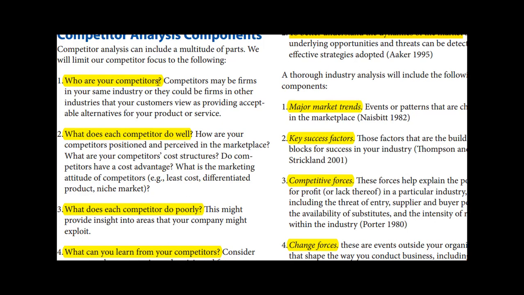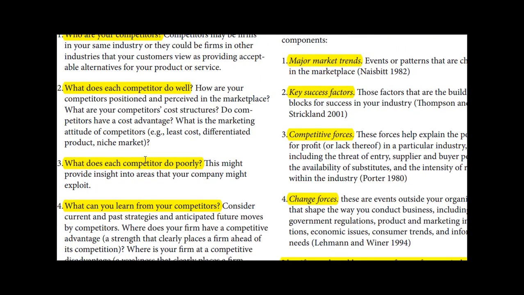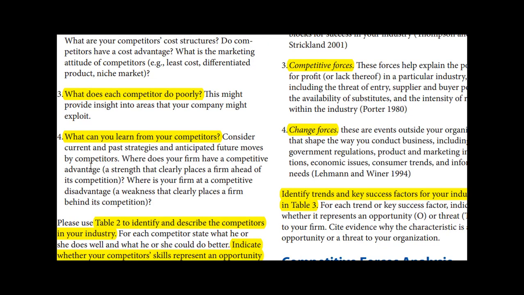Who are your competitors? What does each competitor do well? What does each competitor do poorly? And what can you learn from your competitors? By answering these four questions, you talk about the capabilities of your competitors and how those capabilities can be opportunities or threats for you in the market.